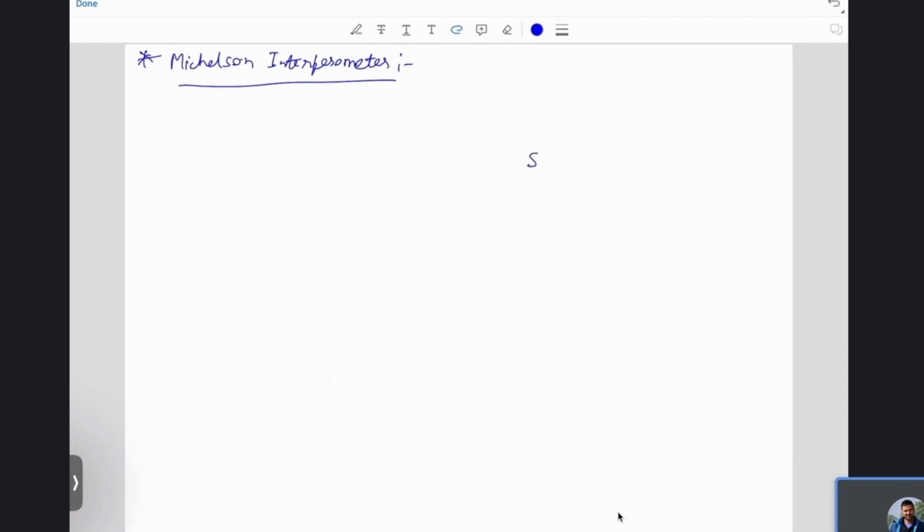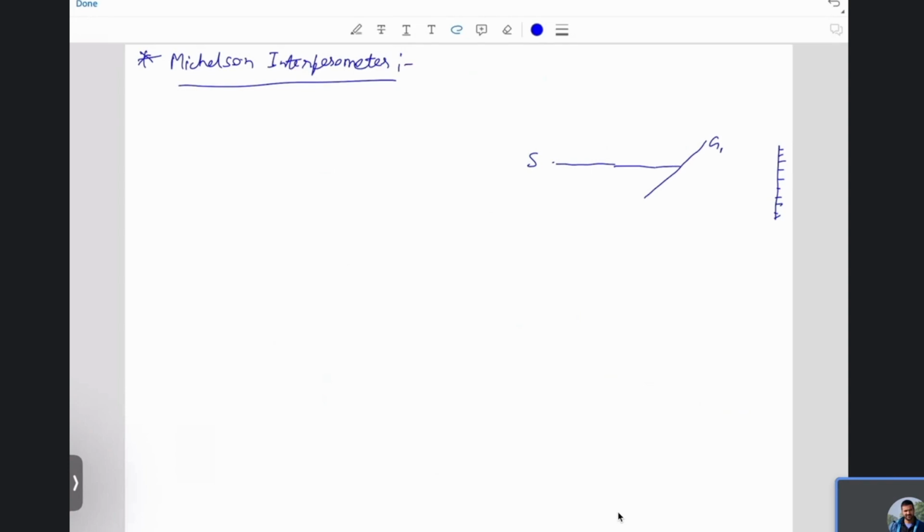So suppose there is a source of light here, and you have a silvered glass like this, and this is a mirror. Okay, so suppose the light beam is coming like this.